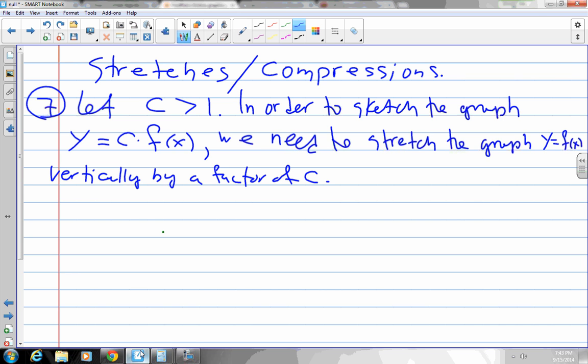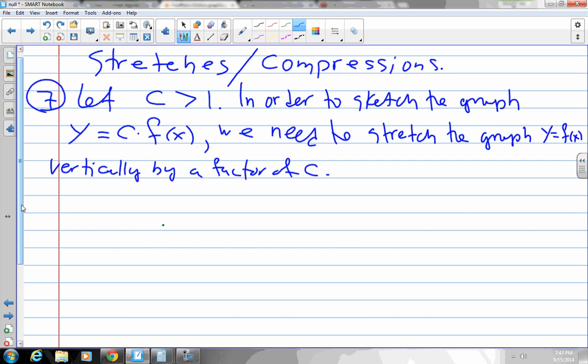And what that means, if c is 2, you double everything. If c is 3, you triple everything, and so forth. That's what we mean by a factor of c. Is that okay? So then we already talked about transformation 8.